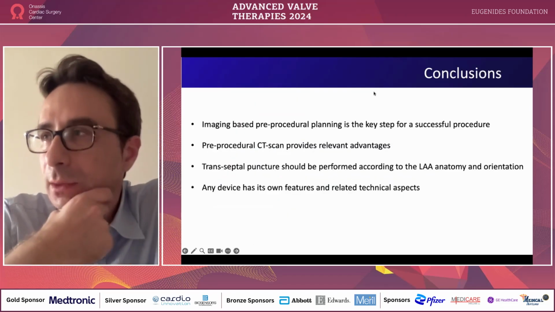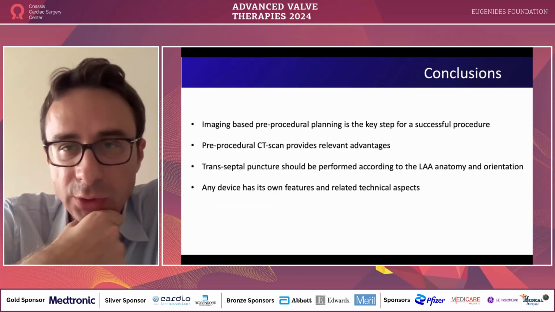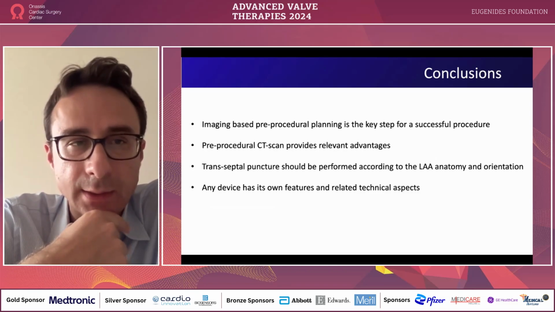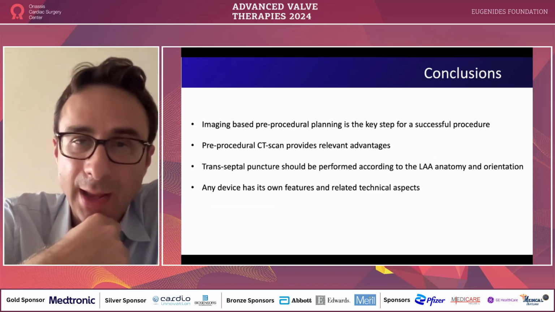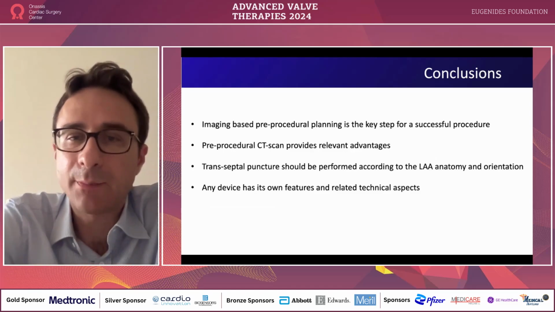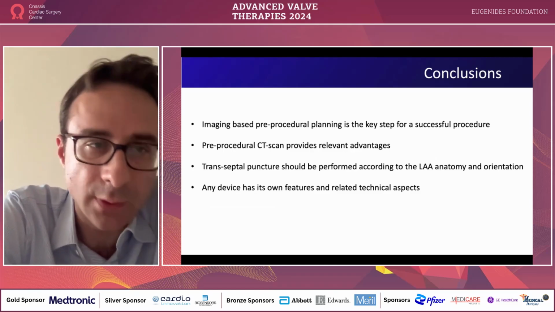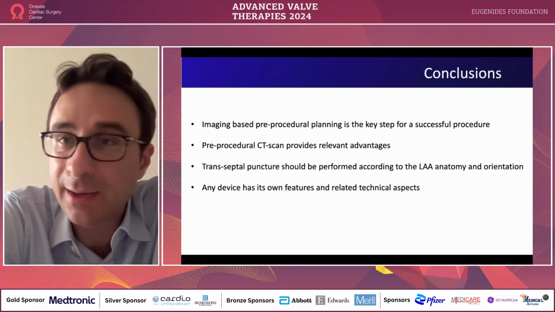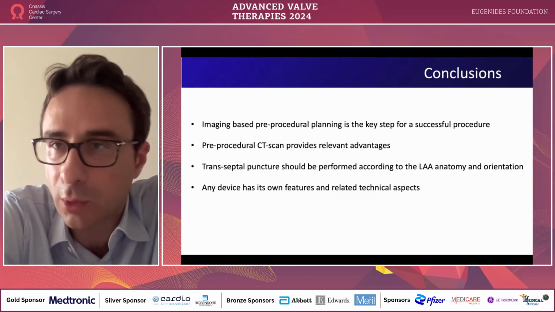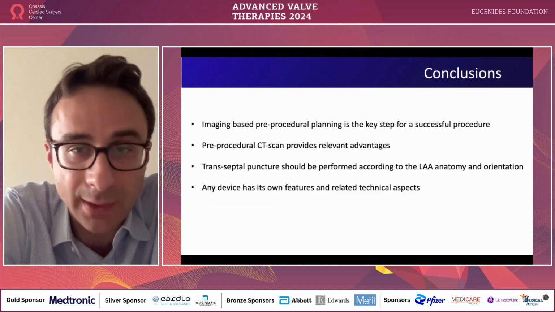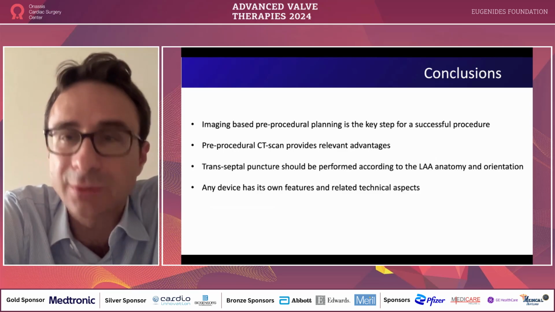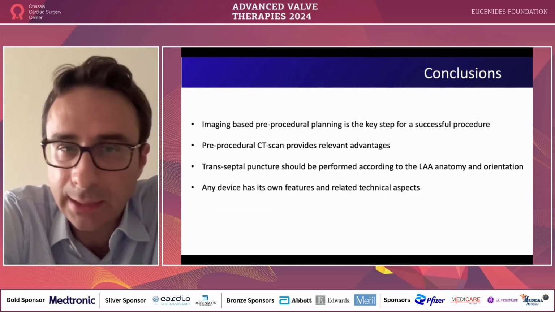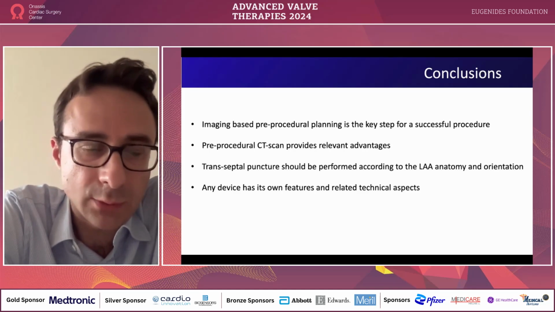So I would like to conclude my presentation by summarizing the main concepts. The imaging-based pre-procedural plan is definitely the key step to get a successful procedure. We know that the pre-procedural CT scan provides relevant advantages compared to working only with a transesophageal echo, but we also have to say that it is not necessary and is still not routinely utilized in most centers.